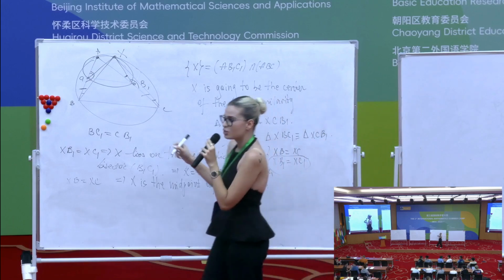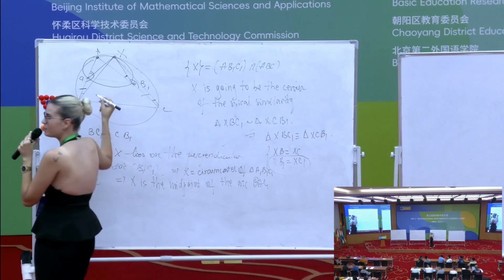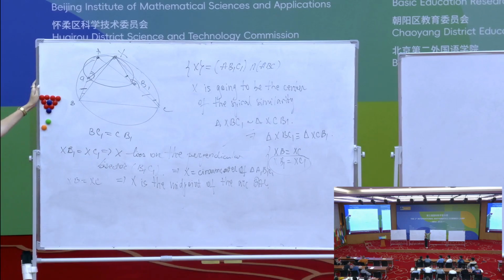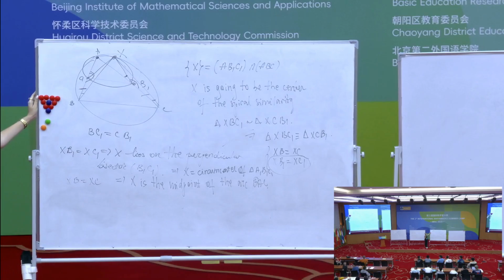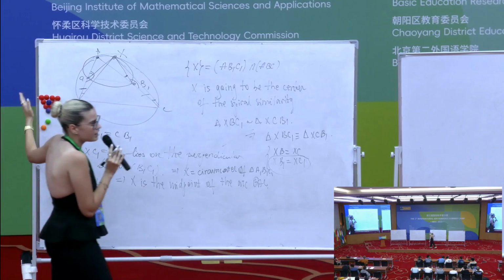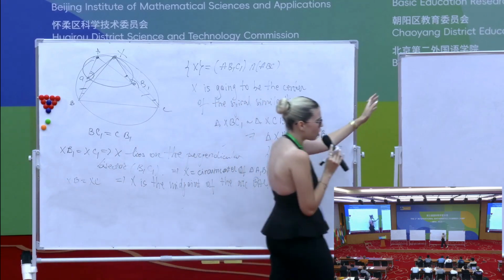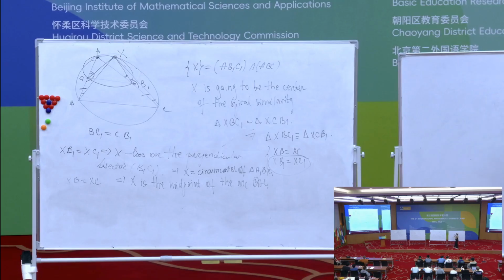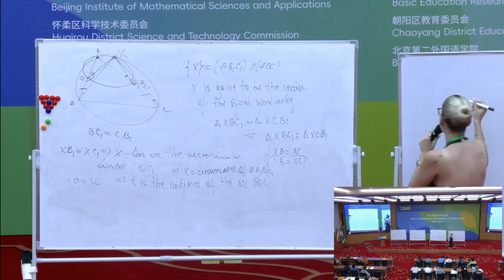Okay, so X is the midpoint of the arc BAC. It's right here, and it's the circumcenter of A1, B1, C1. And basically, this was the hardest part of the problem. Now let's finish the problem, and let's make a nicer diagram.